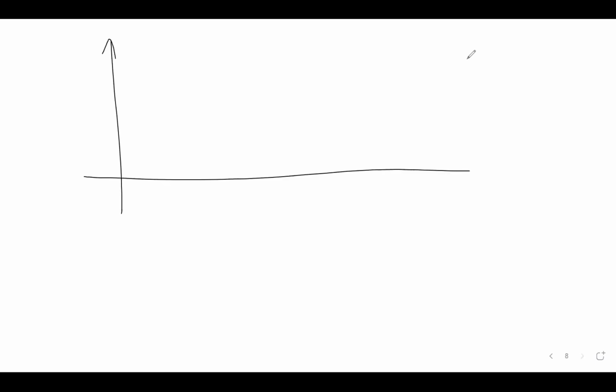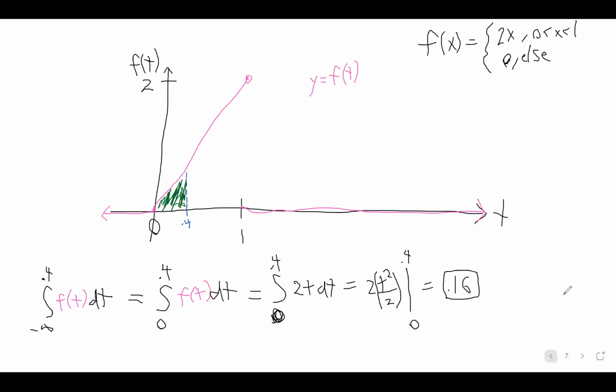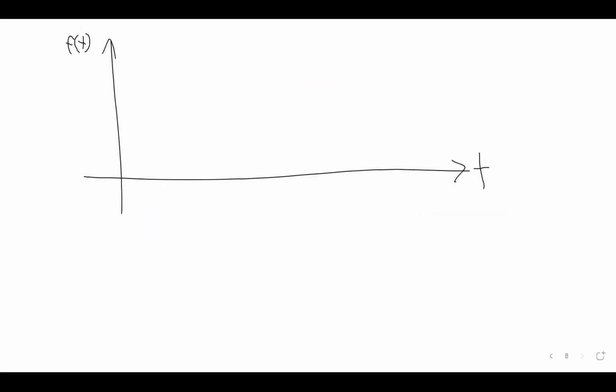So you have this axis, you have this axis, you have that. T is the dummy variable, f of t here. Okay, we have the graph, which is pink.